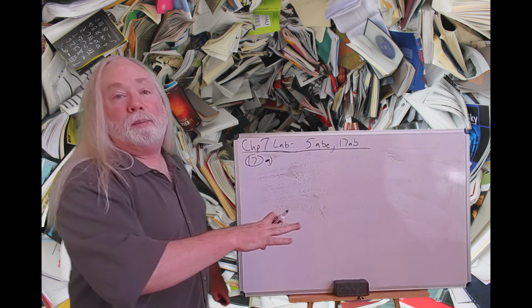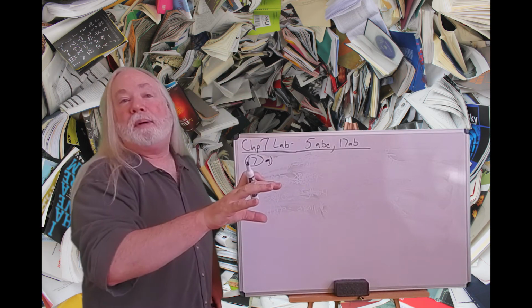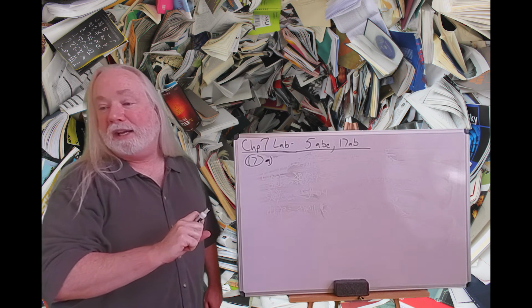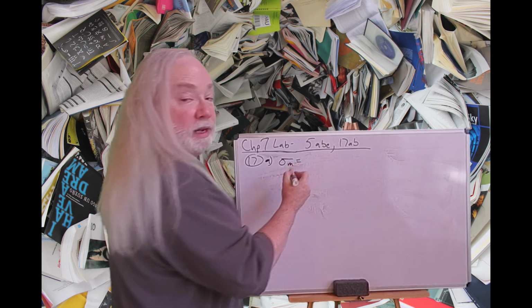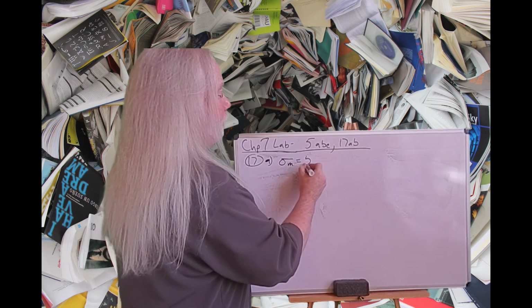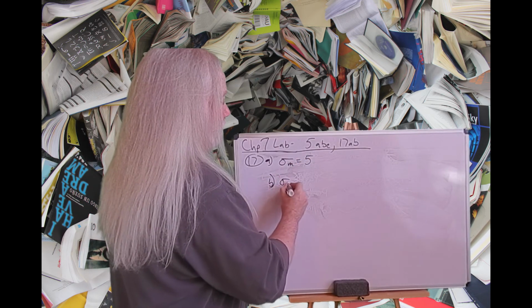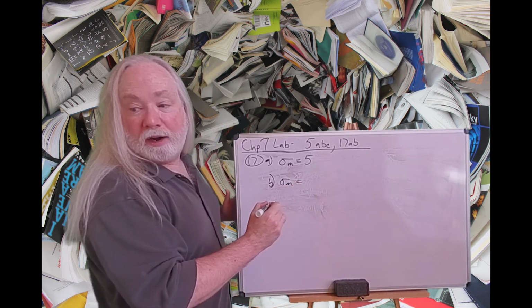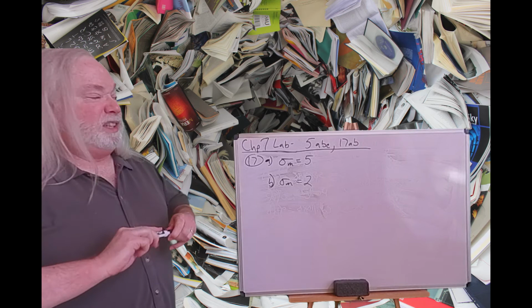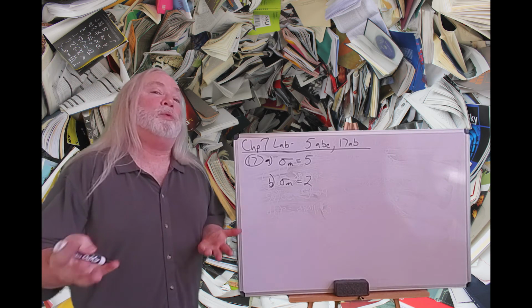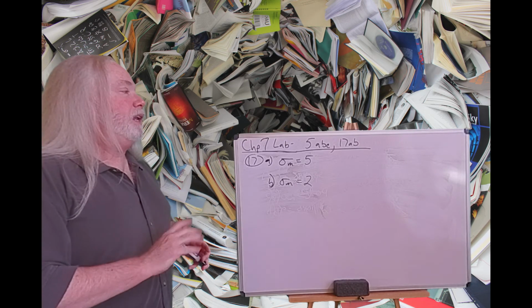Plug it into the formula, standard deviation divided by the square root of the sample size. So for 17A, standard error equals 5. And for B, standard error equals 2. So it's really just the same problems all over again. It's just worded differently. So don't let that wording throw you.